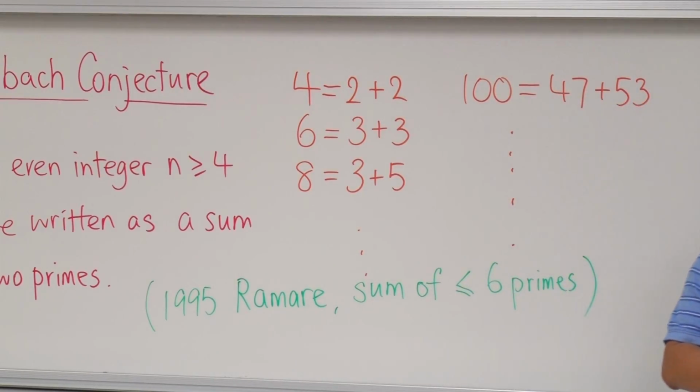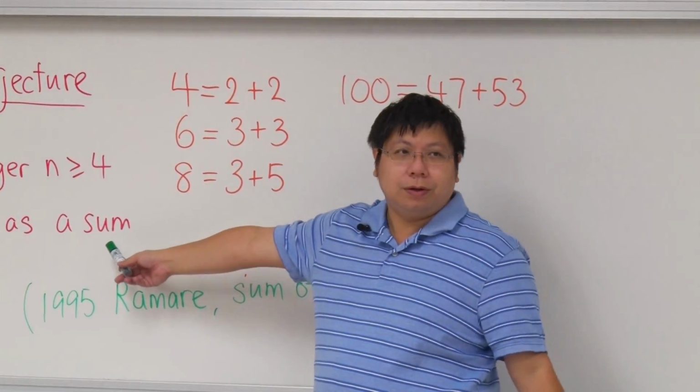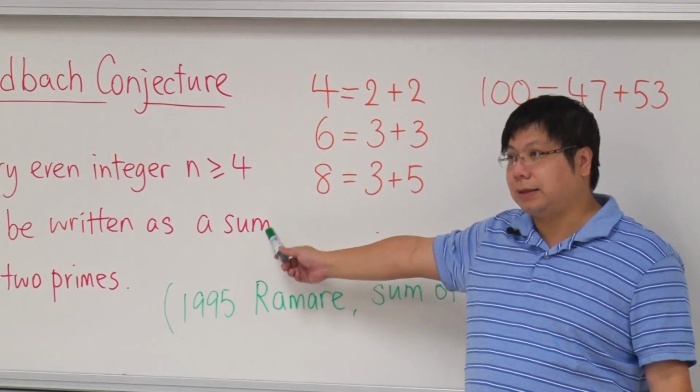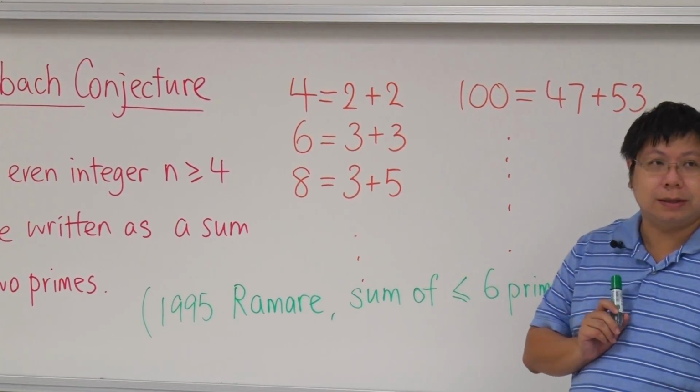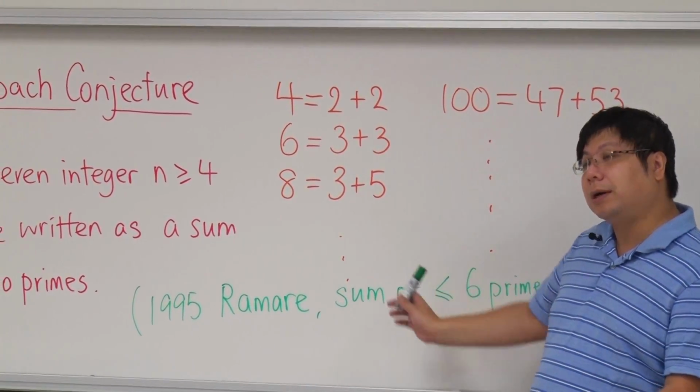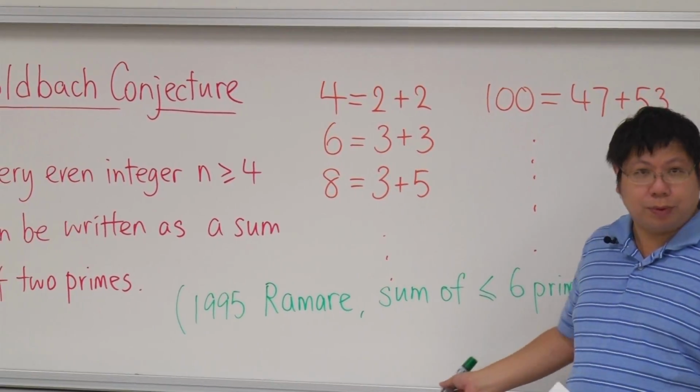Is that okay? So here we want to show at most 2, or exactly 2. Here, what we know at this point is at most 6. So there's still a gap, but this is some progress.